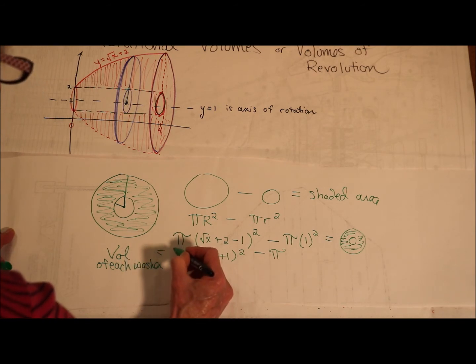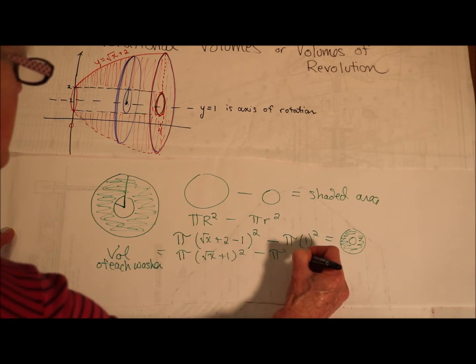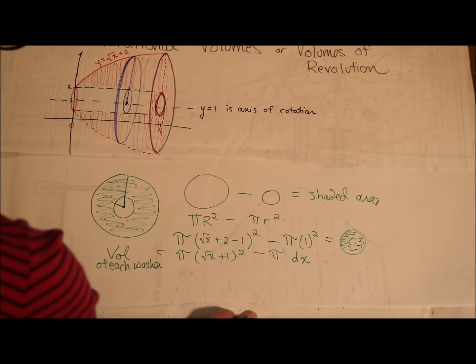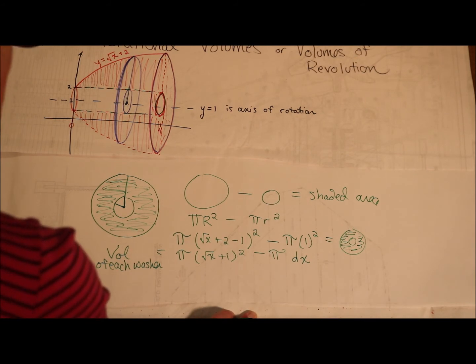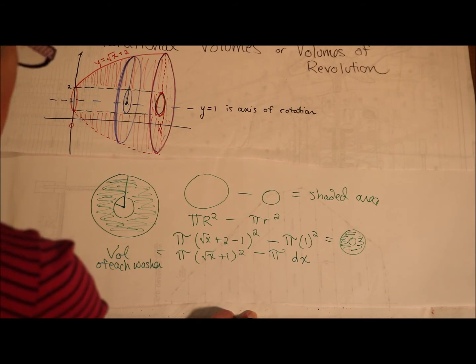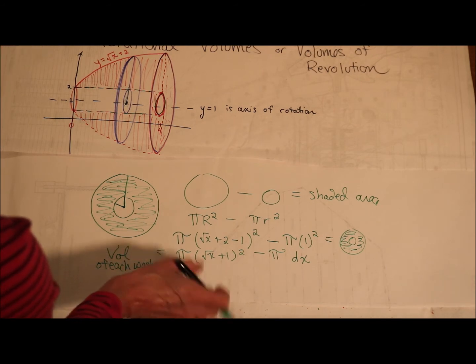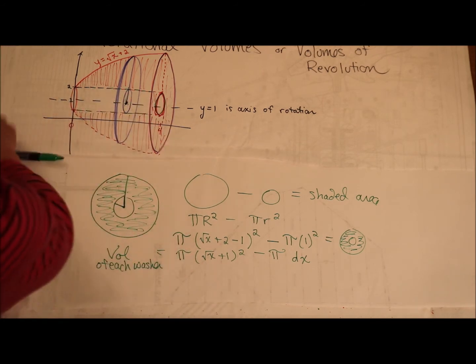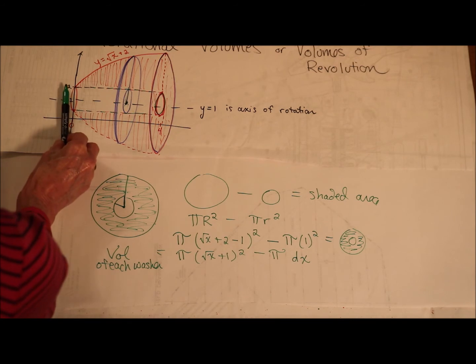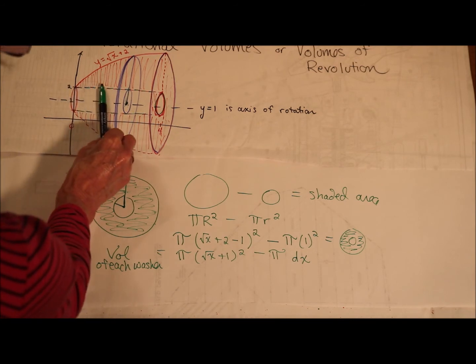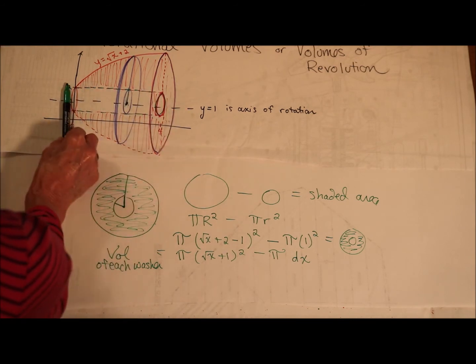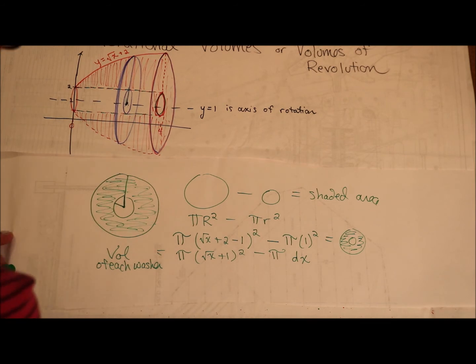It's going to be this whole shebang times dx. Okay? And now, you guessed it, to find the volume of this whole solid, we're going to integrate. We're going to add up the volumes of each one of those infinitely many washers from 0 to 4.